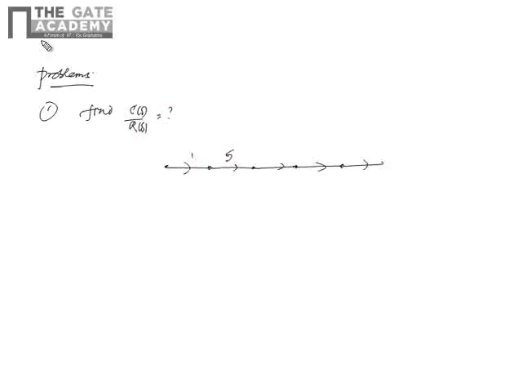1, G1, G2, G3, G4, G5, is Cs by Rs. Next, G2 will have the feedback as minus H1, and from after G3 onwards this is minus H2, and G5 will have the feedback minus H3.